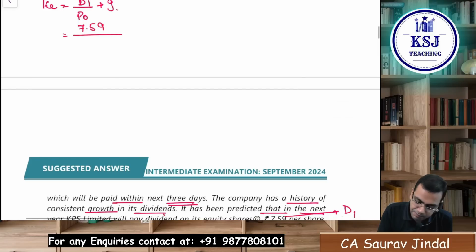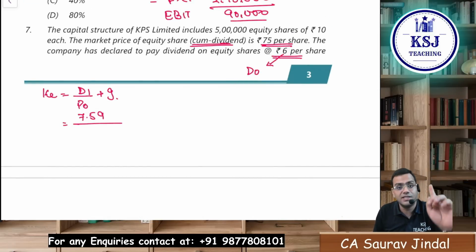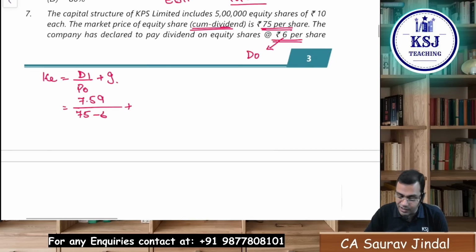What will be the price of the share? The price of the share is 75 cum dividend. We always have to take the price ex dividend. So the price will be 75 minus the dividend paid of 6, that is 69. What is the growth rate now? The growth rate is not directly given to you, but D0 is 6 and D1 is 7.59.